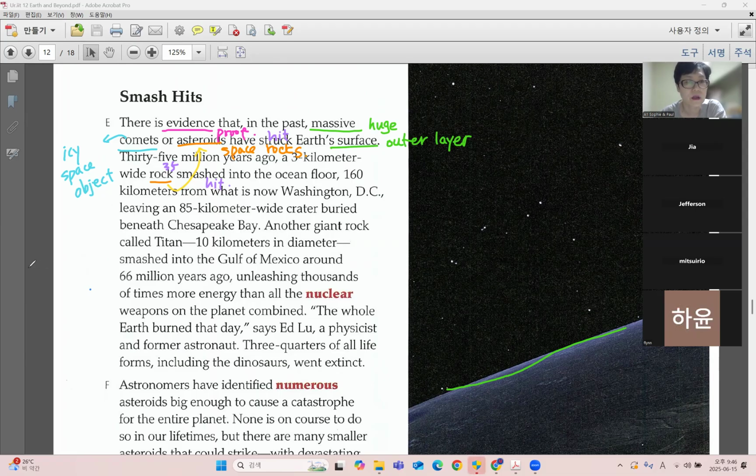Have you ever learned that? Washington, D.C., the capital city of the United States, leaving an 85-kilometer wide crater. What is a crater? A hole.